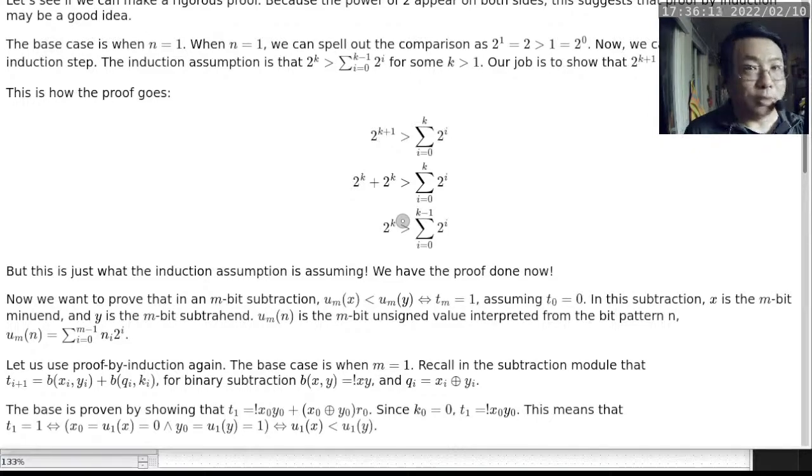Now, the reason why I put the proof into the module is twofold. One is I cannot teach something that I personally cannot verify. Since I'm going to verify anyway, I might as well put it into the module and say, if you want to prove it, this is how we do it.